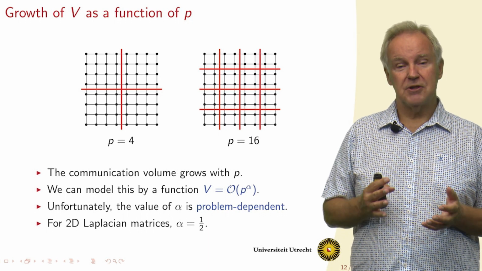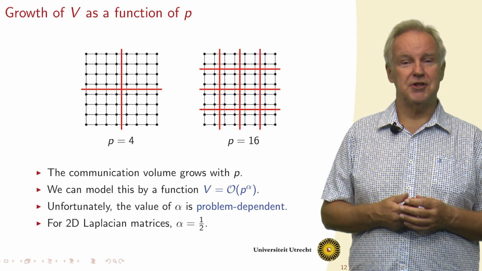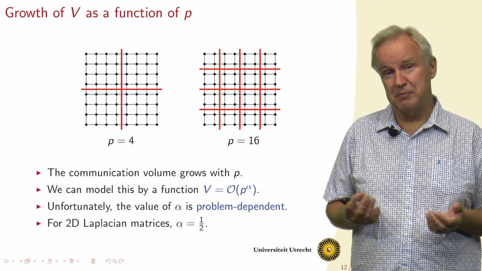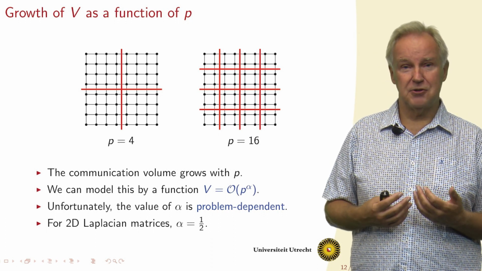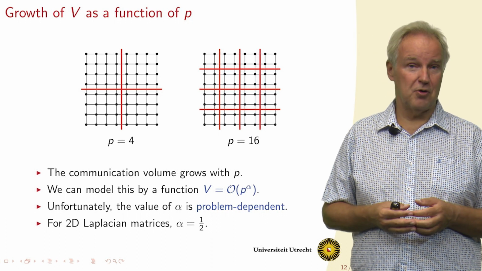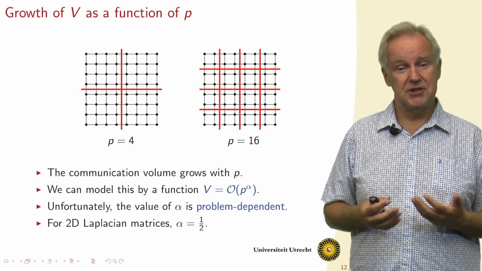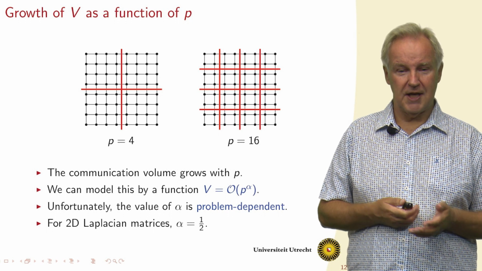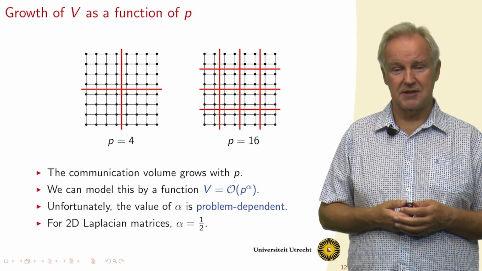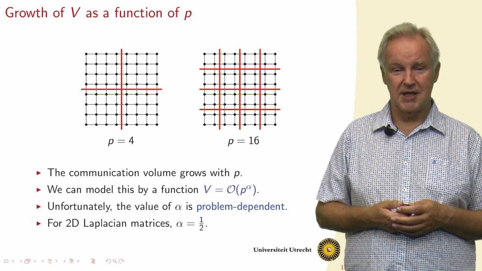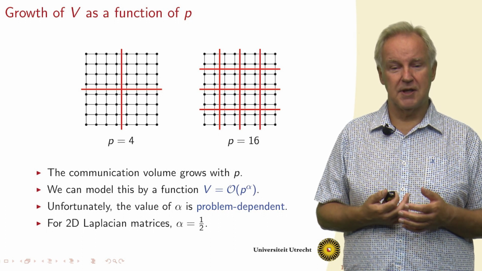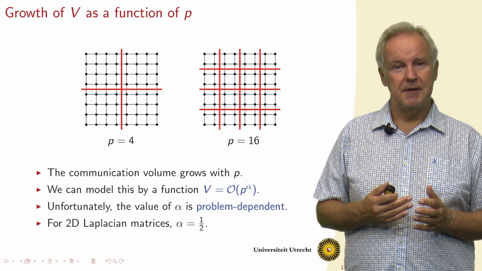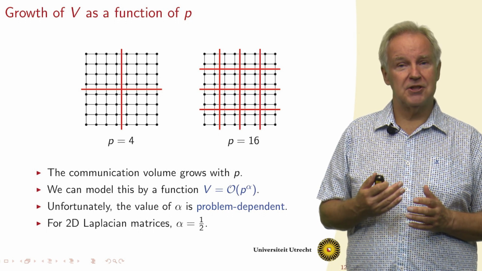Okay, how does V grow as a function of the number of processors? If you cut more and more pieces, then obviously the total amount of communication will grow. Here we see what happens for a two-dimensional grid. If you look to the left, we have 4 processors. To the right, we have 16 processors. And if you look at what happens to a square, and forget about the boundaries, then the amount of communication doubles.